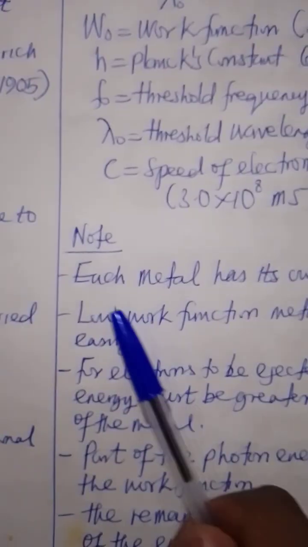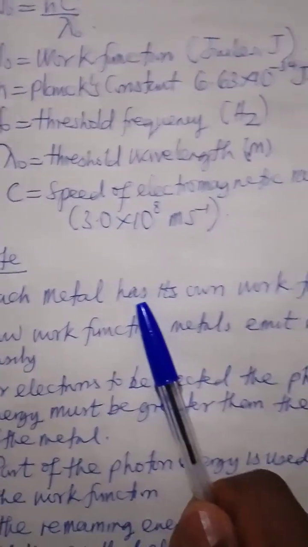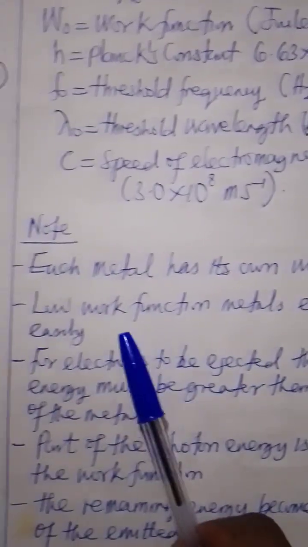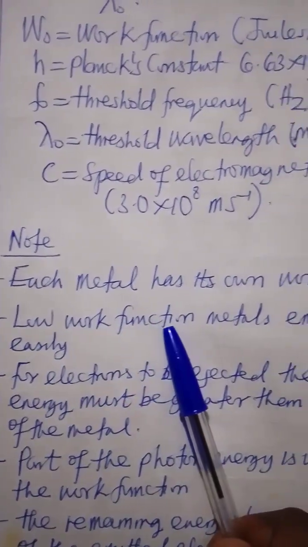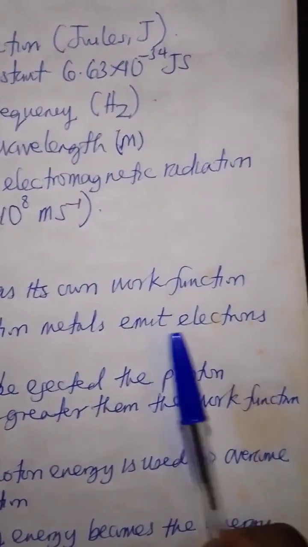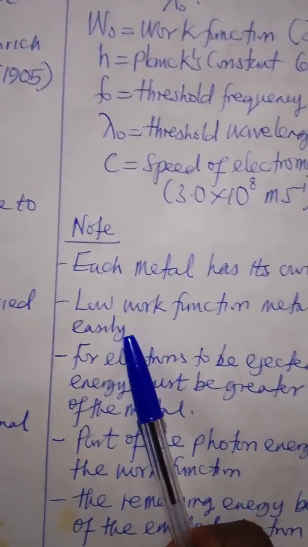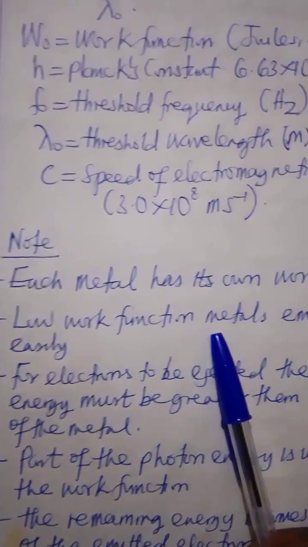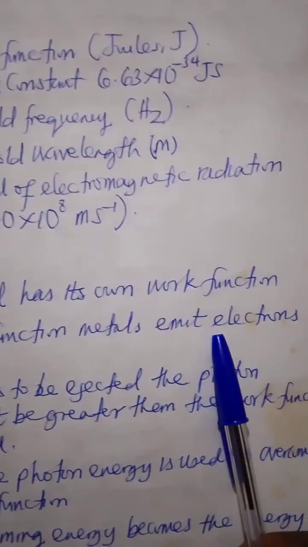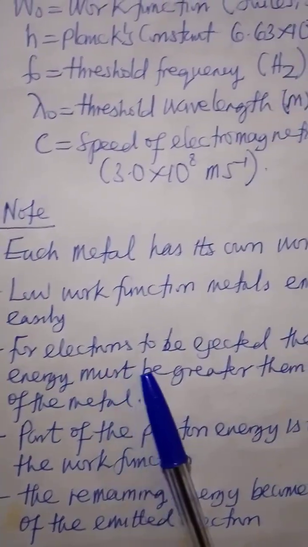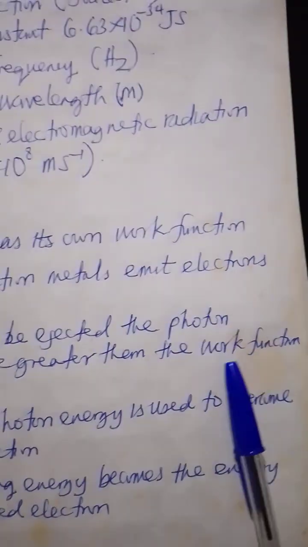That is, each metal has its own work function. Number 2, low work function metals emit electrons easily. That is, the lower the work function of the metal, the more easily it emits electrons. For electrons to be ejected, the photon energy must be greater than the work function.